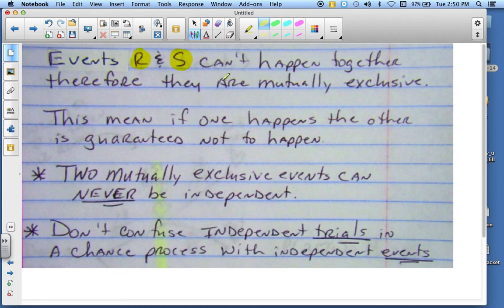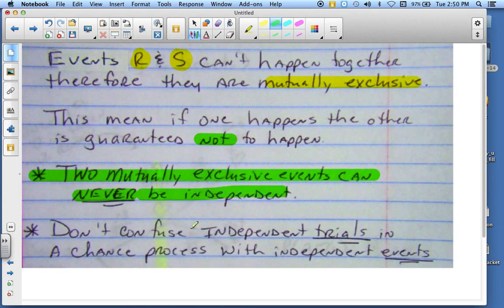They can't happen together, therefore they are mutually exclusive. This means if one happens, the other is guaranteed not to happen. Make sure you understand that. So, in a nutshell, two mutually exclusive events can never, ever, ever be independent. Now, don't confuse independent trials with independent events.